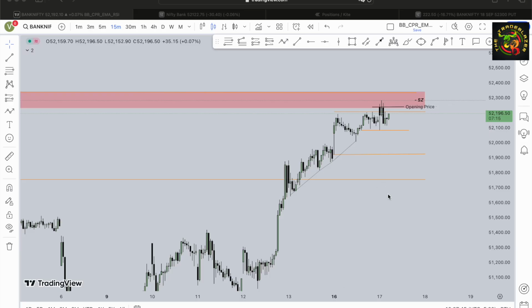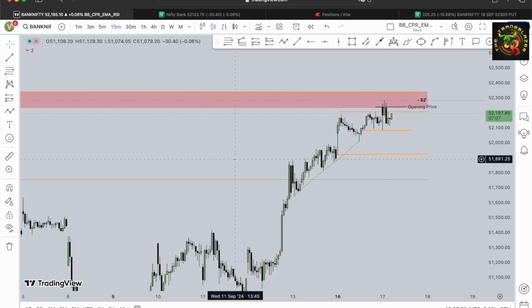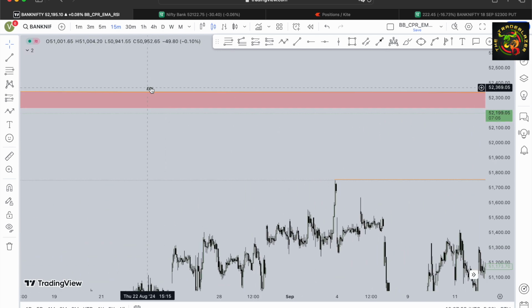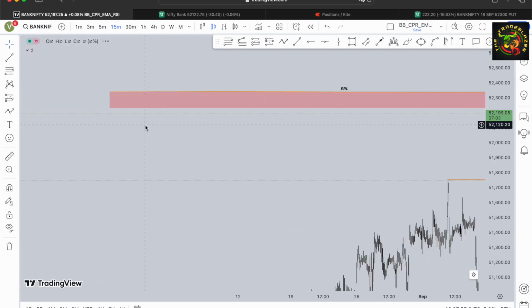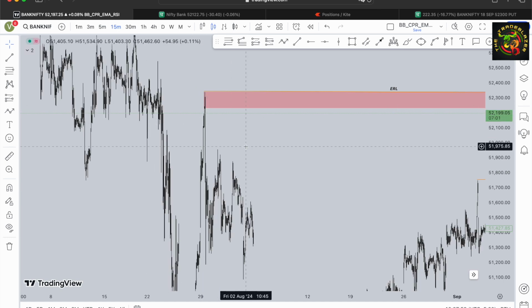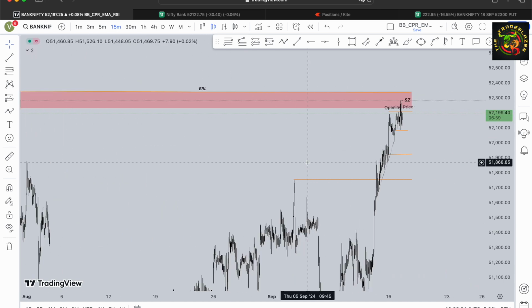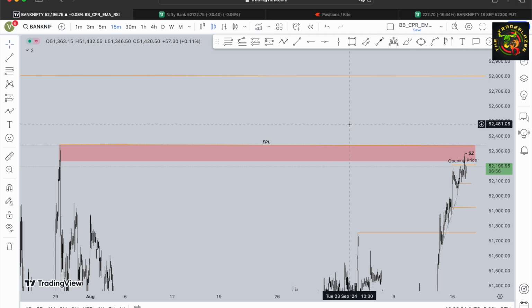Having said that, these are some of the important levels or zones that I have marked for today's intraday trading. You can see that there is a supply zone, and there is external range liquidity just above the supply zone. This supply zone is marked in 5 minutes, so it's not a high probability supply zone.